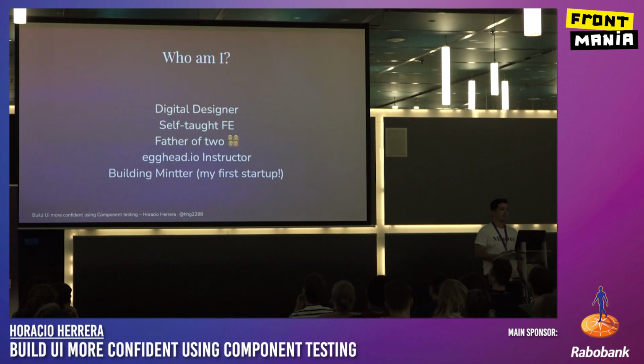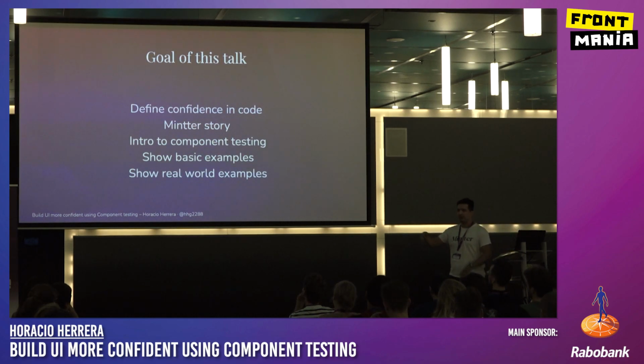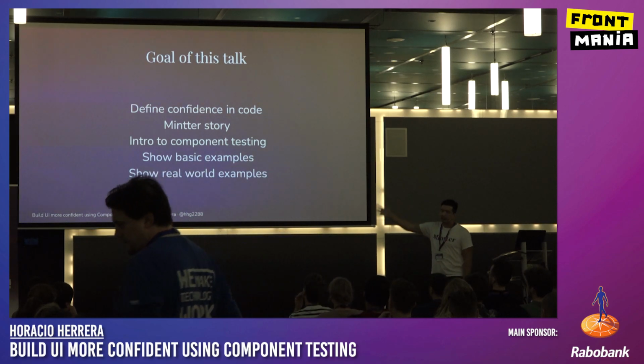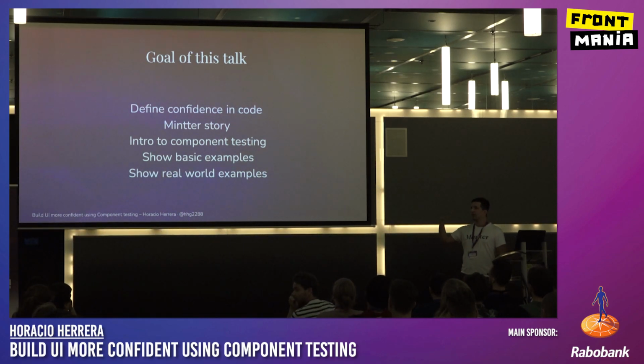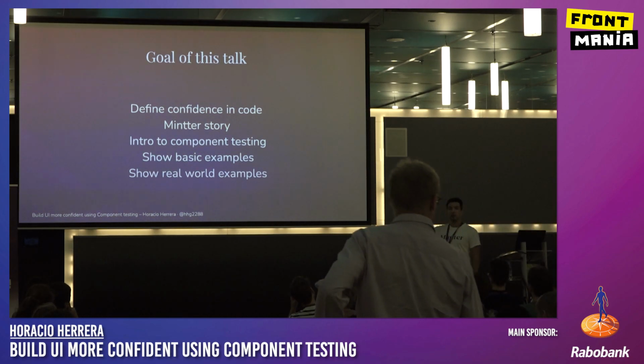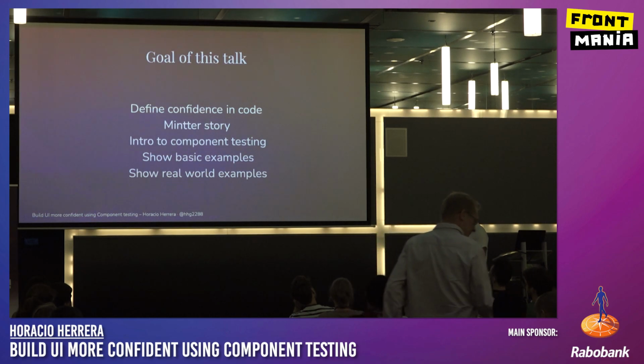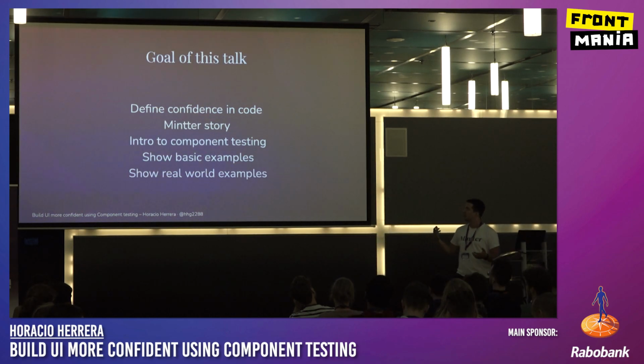So let's see what the goal of this talk is. I already asked for it. Let's really define confidence in code, because testing, or whatever it is, we're going to see that later, is going to help us gain more confidence. And that's what we all want. We want to be confident to move faster, to do things better, to feel proud about what we're doing, right?